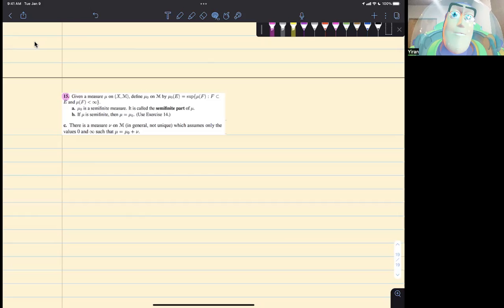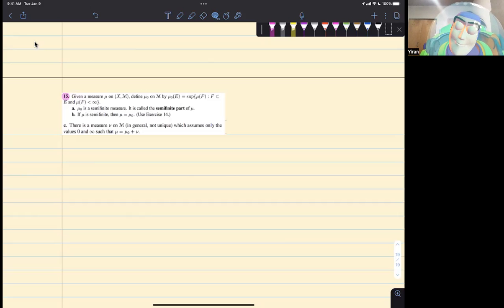So geometric series: it is 1 over 1 minus 1 over 2. Great, that's exactly what I wrote here. So this is equal to 2.